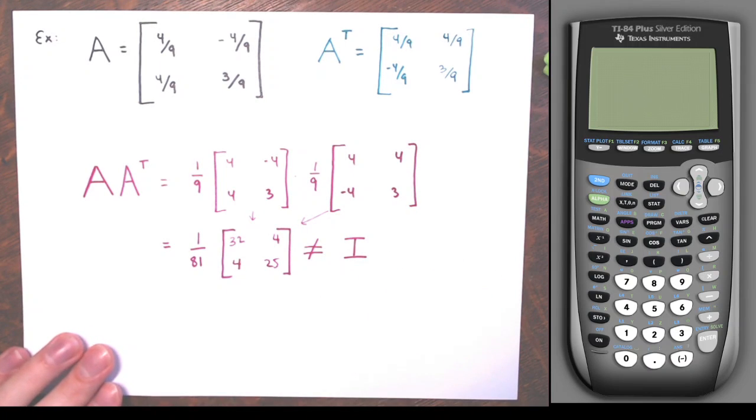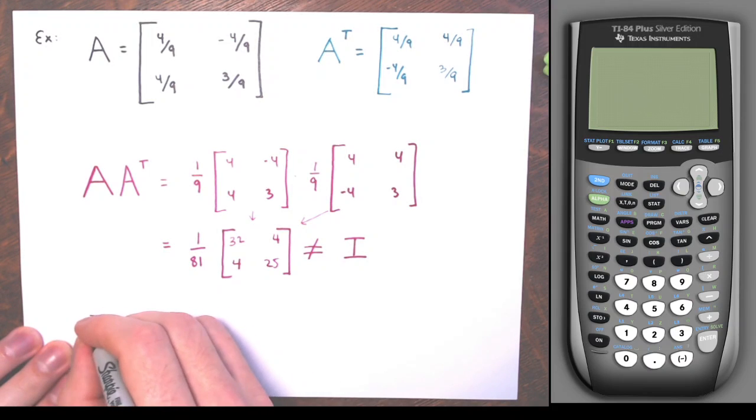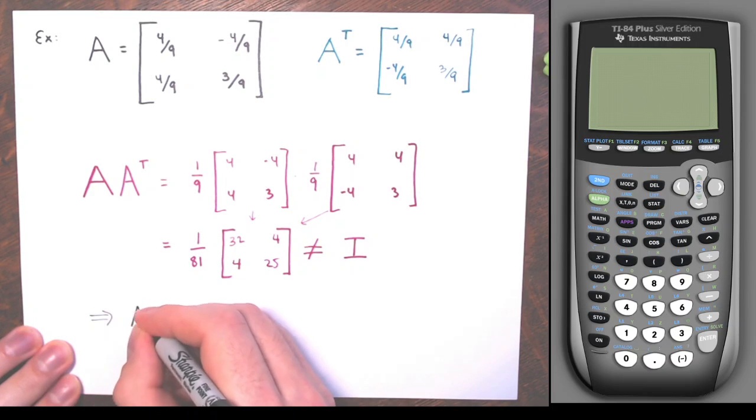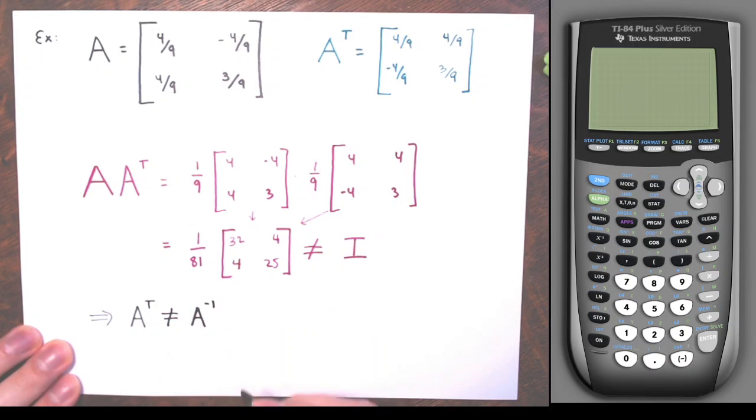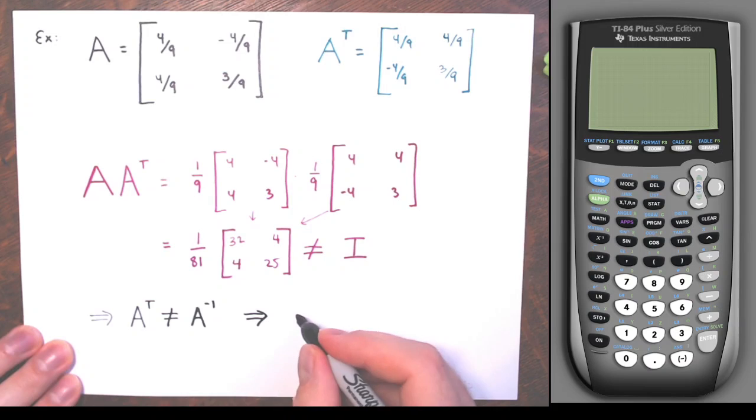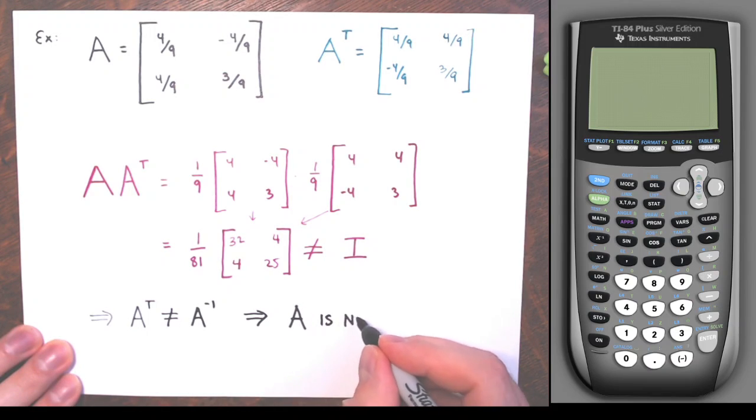All right, so that means that A transpose is not the inverse of A. And if that's the case, that means that A is not an orthogonal matrix.